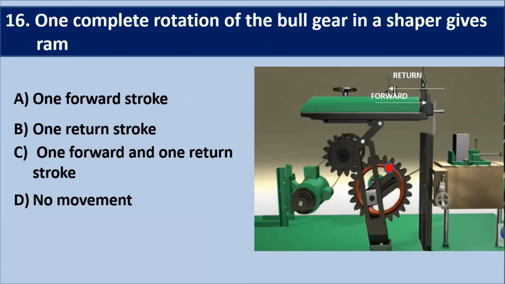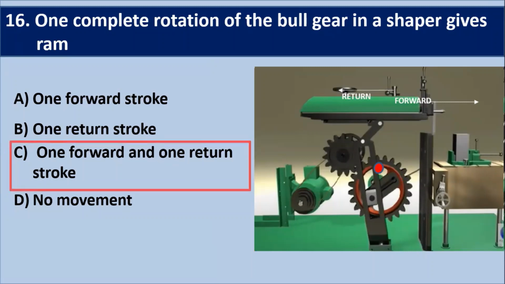I will show you again in this diagram, this is one complete rotation taken by the bull gear. At that time, there will be one forward and one return stroke. So one complete rotation of the bull gear in the shaper gives the ram one forward and one return stroke. So that's why our answer is C.